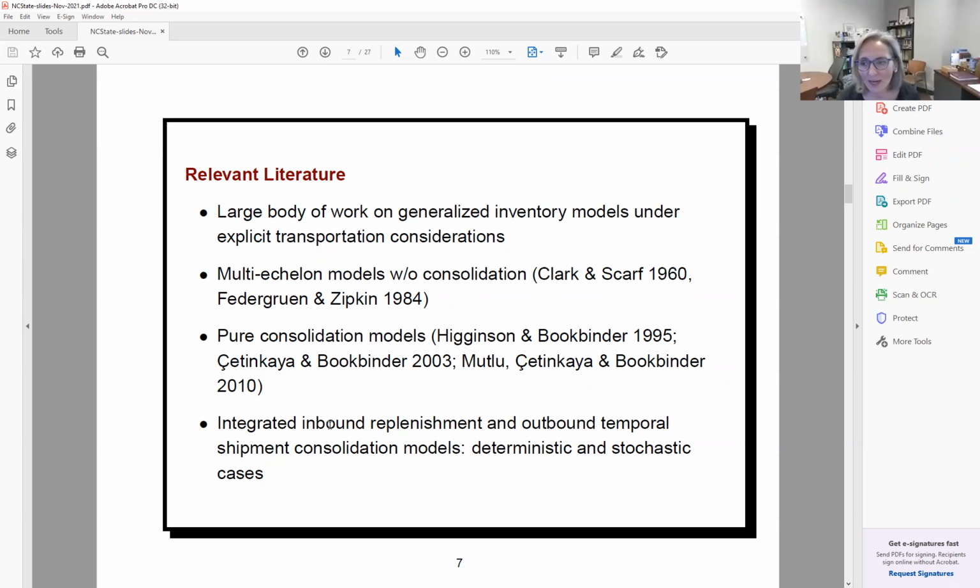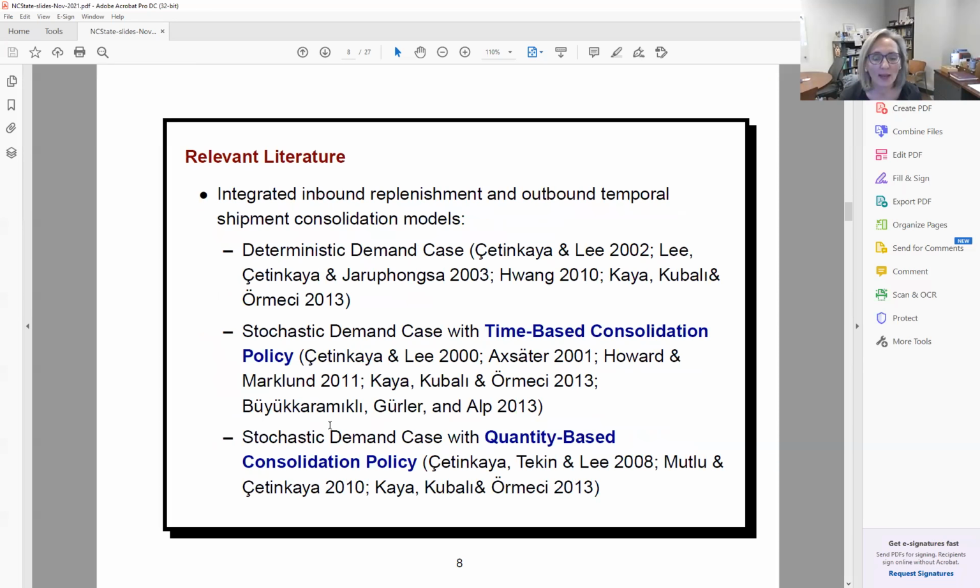And the last line of work, and this is the most closely related line of work, is integrated inbound replenishment and outbound shipment consolidation models. There are some deterministic models and stochastic models within this line of work. And that is my next slide, since this is the most relevant line of literature to the presentation today.